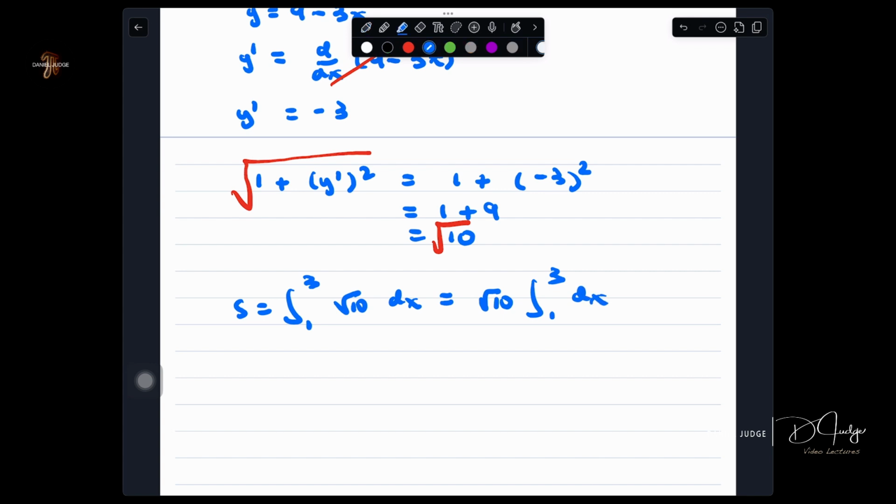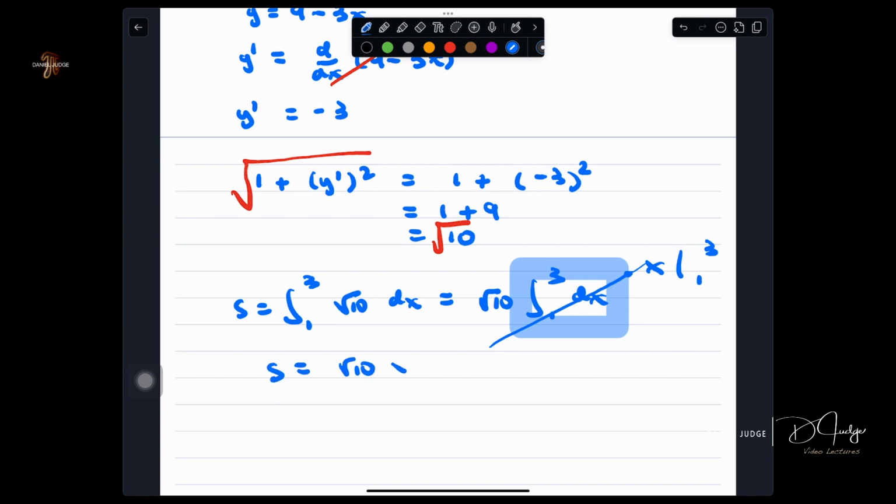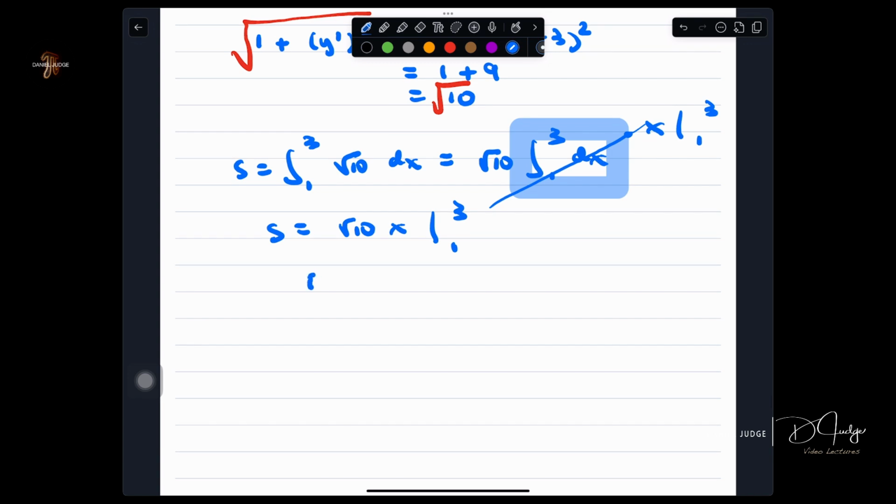And now we get the integral here. This will be x from 1 to 3. So our arc length, square root of 10 x, from 1 to 3, this is going to be f of 3 minus f of 1, square root of 10 times 3 minus the square root of 10 times 1, or 3 square root of 10.